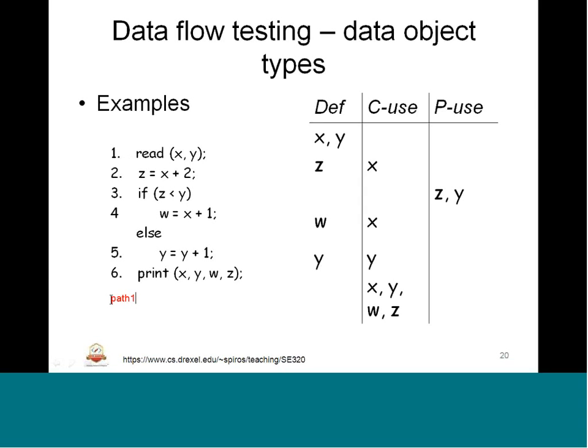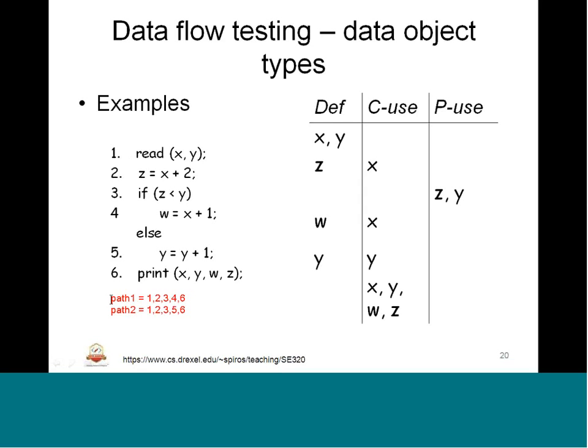In this decision testing, paths 1, 2, 3, 4, and 6 are done. In the other type of decision testing, with the else part executed, path 1, 2, 3, 5, and 6 is executed.